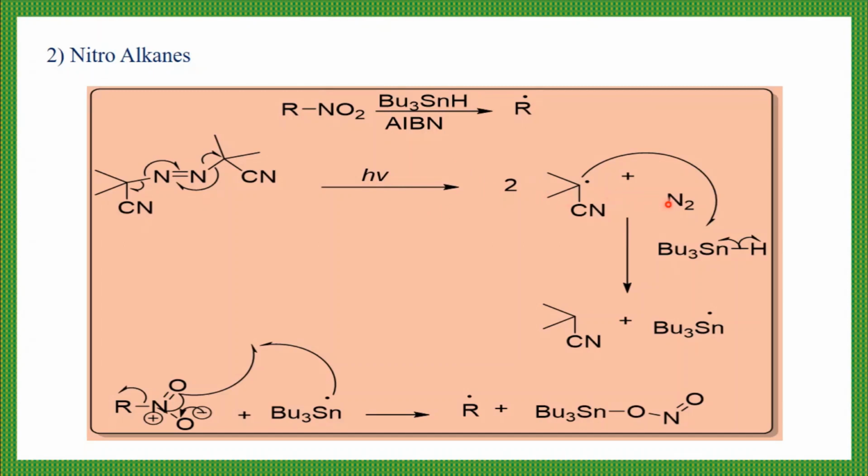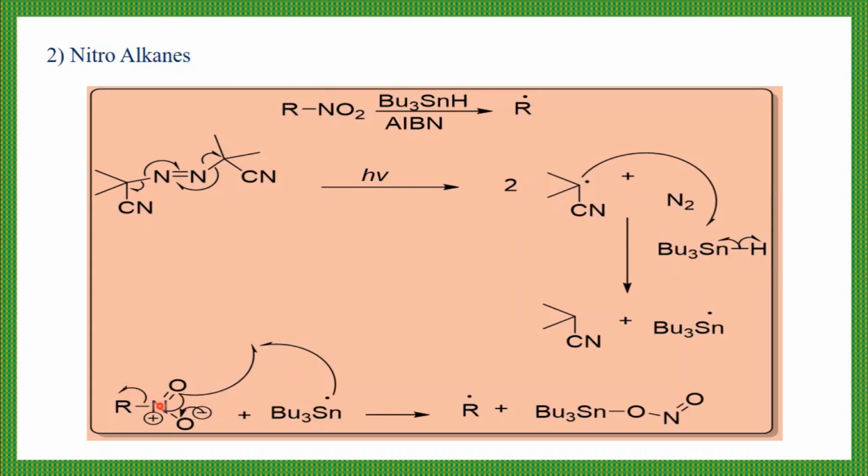Then the carbon radical reacts with tributyltin hydride. The tributyltin hydride undergoes homolysis and generates a tributyltin radical and a hydrogen radical. Then that hydrogen radical reacts with the carbon radical and generates a neutral molecule, and again it generates the tributyltin radical. Then that tributyltin radical reacts with nitroalkane.